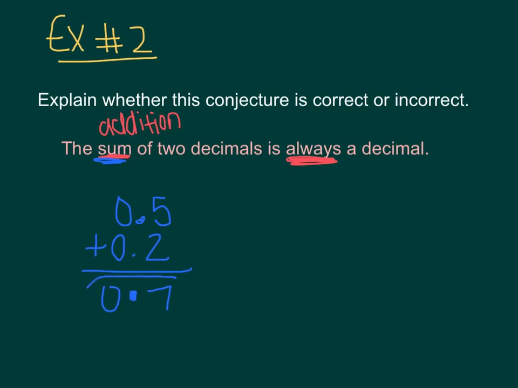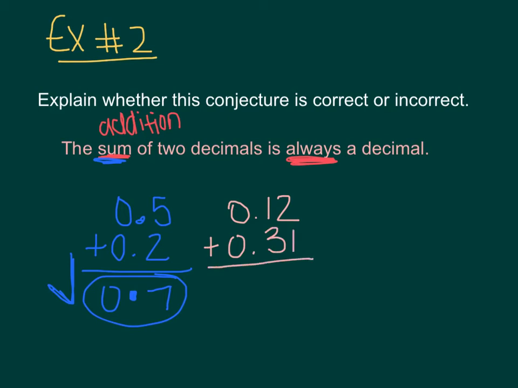My answer is a decimal. Let's try another. 12 hundredths plus 31 hundredths. And we bring that decimal down and we add like normal. And again, my answer is a decimal, so yes, that would make it true.